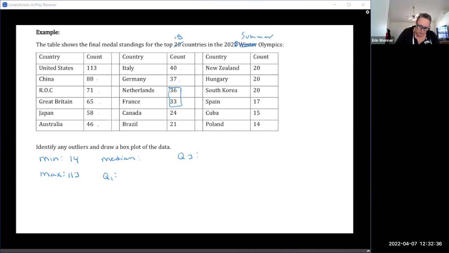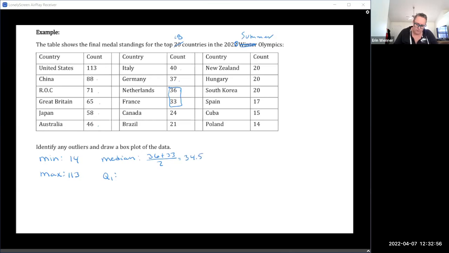So for the median, I'm going to take 36 plus 33 and divide by 2, and we get 34.5.